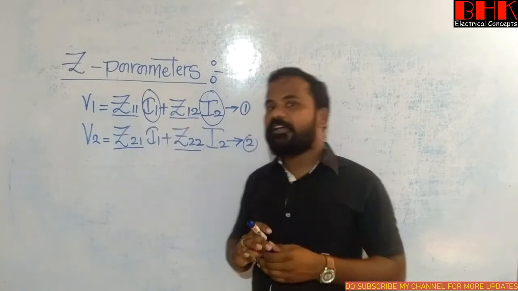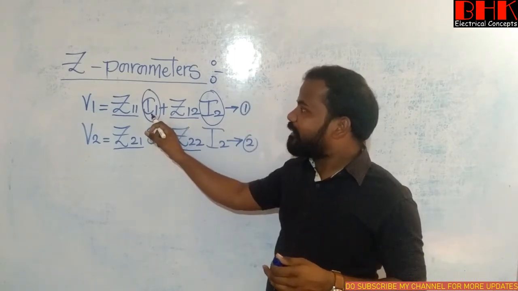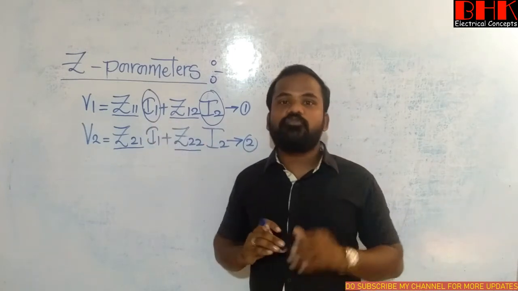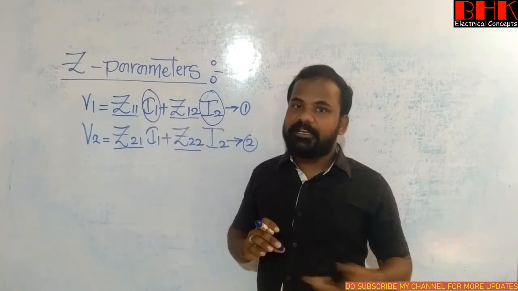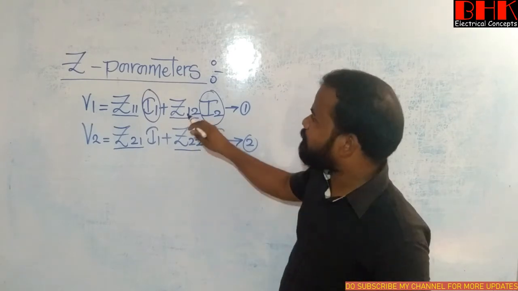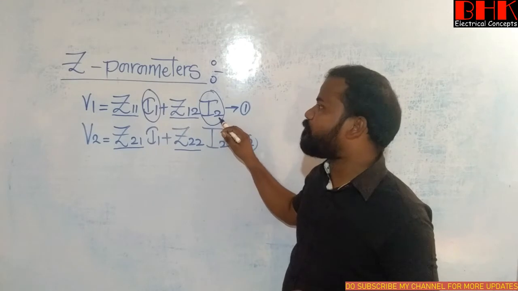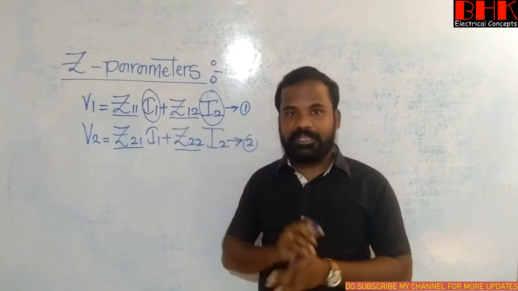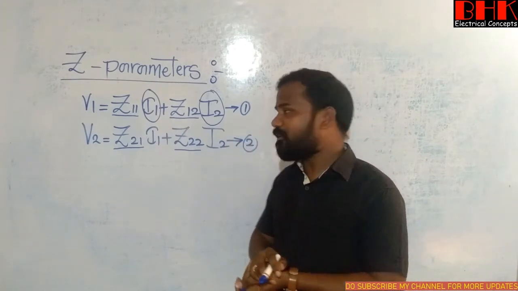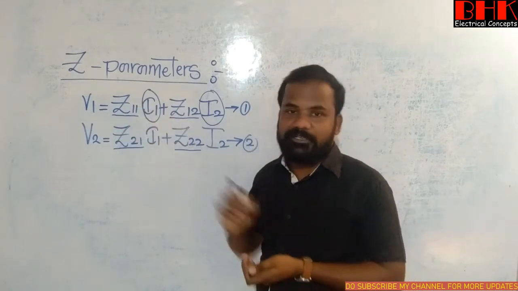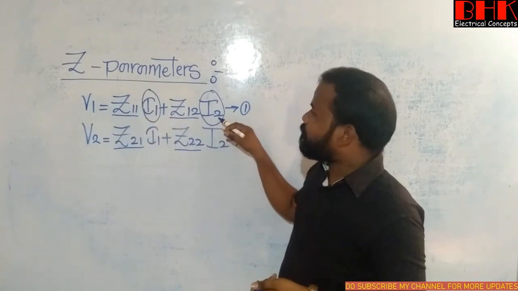Clear? So in order to take the value of I1 equal to 0, we always need to open circuit port 1. Then in that case we get Z12 and Z22 because the value of I2 is not equal to 0 in that case. Clear? Now the remaining case: in order to get the other two parameters, just make I2 equal to 0.